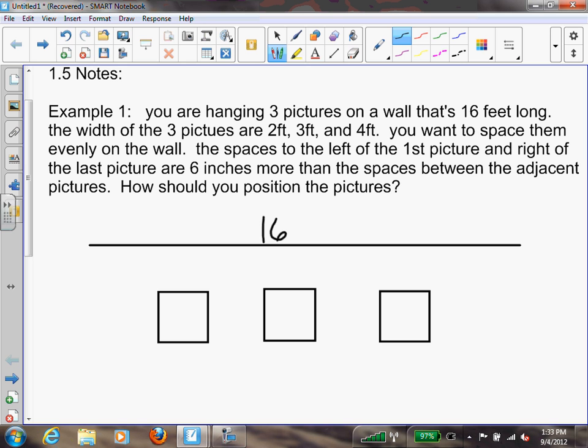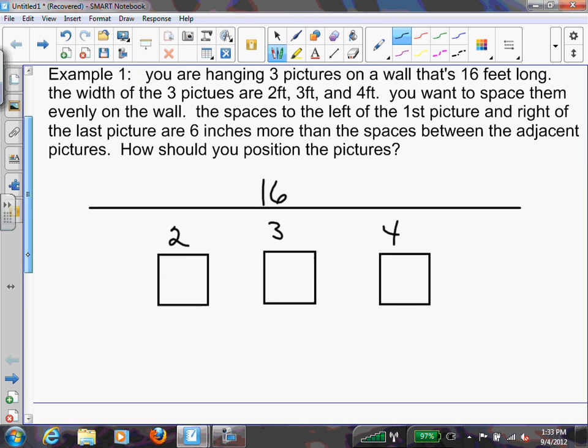What other information can I put into this picture? What else do you see? So 1 is 2, 1 is 3, 1 is 4. Does it matter which one is 2, 3, and 4? No. Doesn't matter at all.